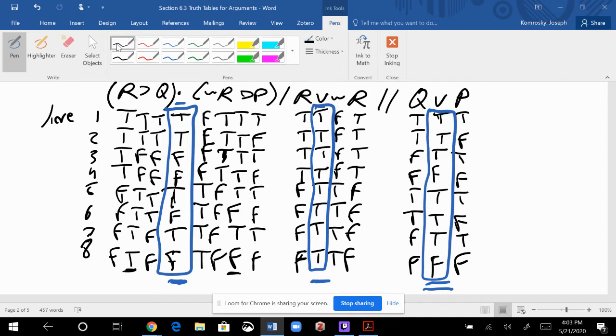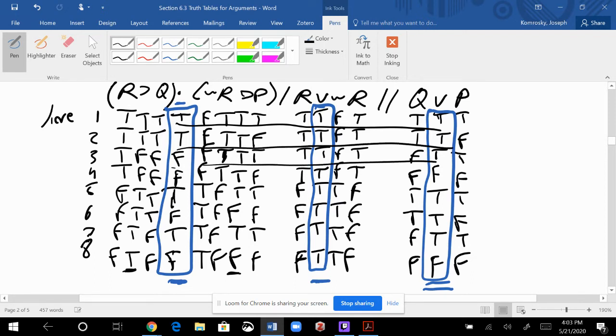Line 1. Do we have two true premises and a false conclusion? No. Do we have two true premises and a false conclusion? No. Do we have two true premises and a false conclusion? No. So anytime you see a false premise, you don't have to go through. So if it's false, okay, line 5, two true premises, yes. False conclusion, no. False premise, don't have to look at it.